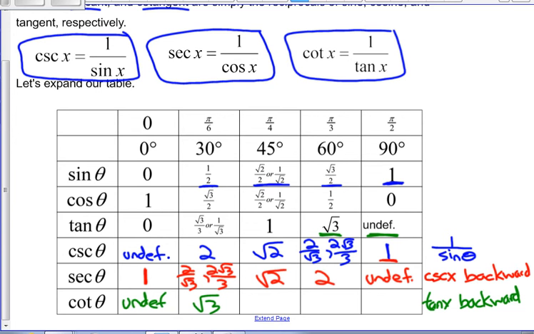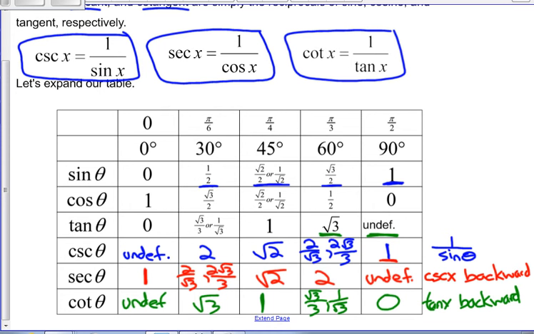And this is just a quick way for us to get our values. It's not much of an explanation for where they came from. But the explanation for where they came from is that they're the reciprocals of sine, cosine, and tangent, respectively. Okay, and finally we have a 0 here. So now we've got the big table with all of the reciprocal ratios.